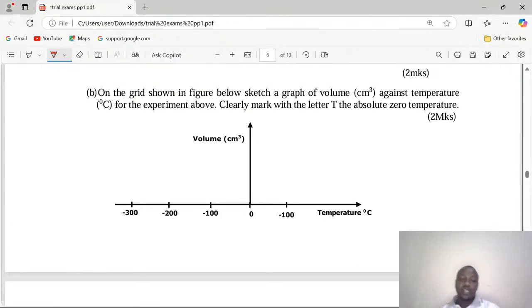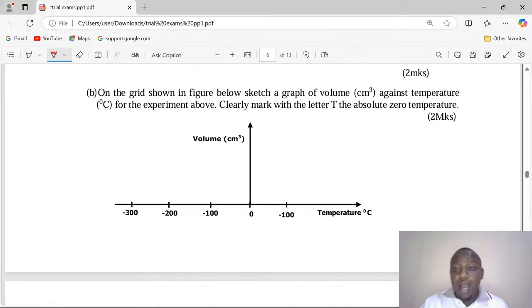On the grid shown in the figure below, sketch a graph of volume against temperature, which is in degrees Celsius, for the experiment above. Clearly mark with letter T the absolute zero temperature.